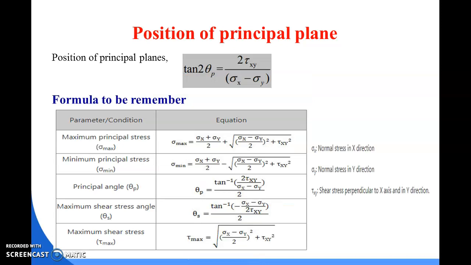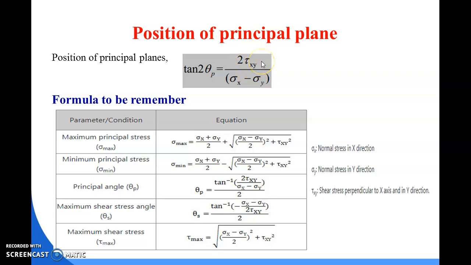This is another formula by which you can calculate the position of the principal plane. The formula is tan 2 theta p, where theta p is the principal angle, equal to 2 tau xy divided by (sigma x minus sigma y).